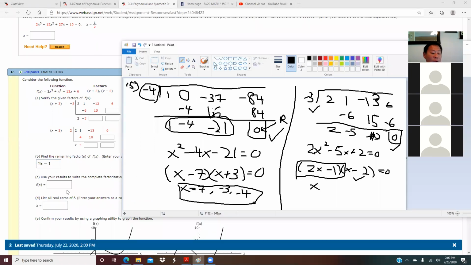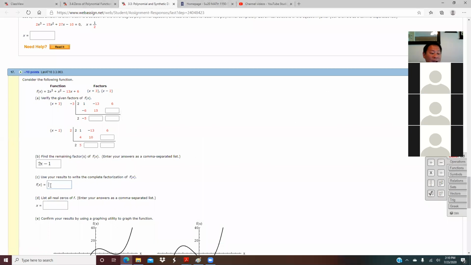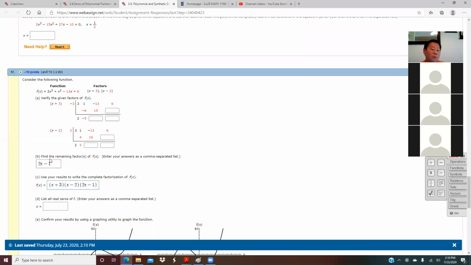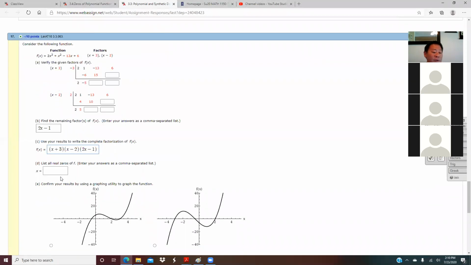Then you need to write this in a complete factorization. That is easy, you just put all these factors together. So you will have x plus 3, x minus 2, and 2x minus 1. This is how you write it in a complete factorization.